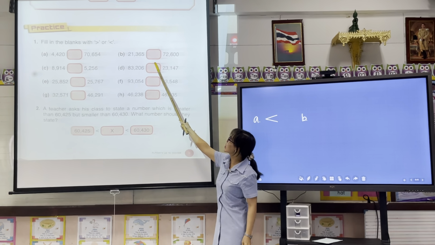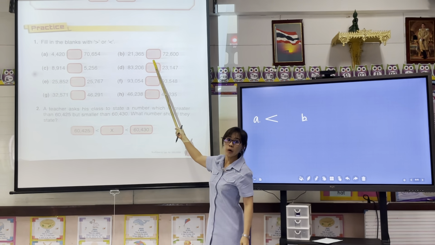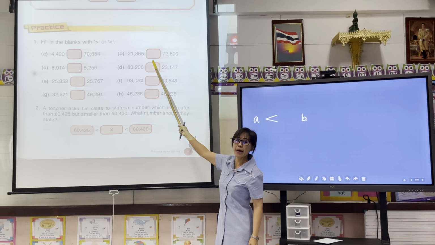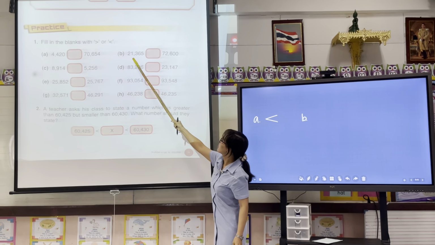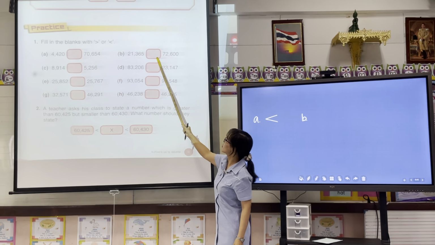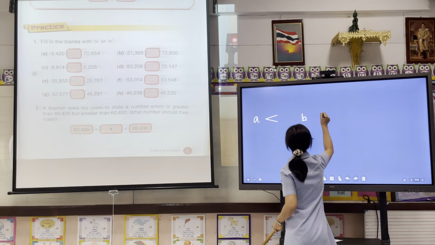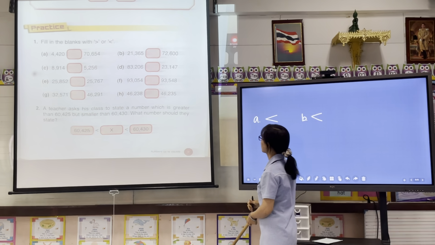Is it greater than, or smaller than? What do you think? Open the mouth to the bigger number. Which is bigger? 2 or 7? Of course, 7. So our sign is smaller than.